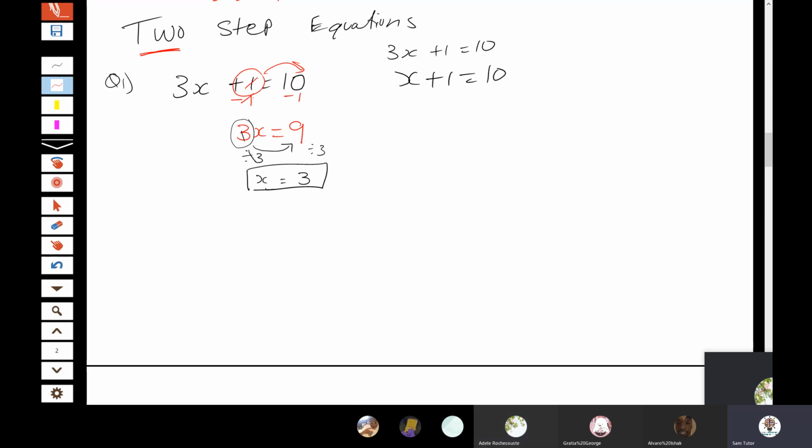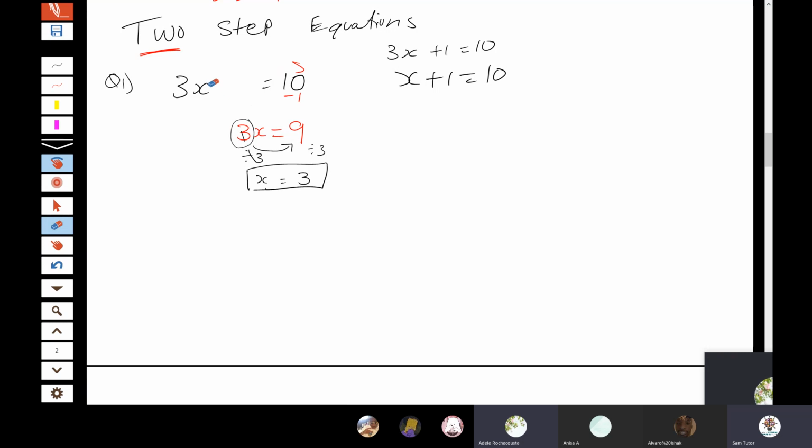When you get rid of the plus 1, what are you left with here on this side? What are you left with? Adele? I'm not sure. No, what are you left with? If I got rid of this, what would you be left with? If someone came up to you and said, hey, get rid of this, what are you left with? 3x equals 10.